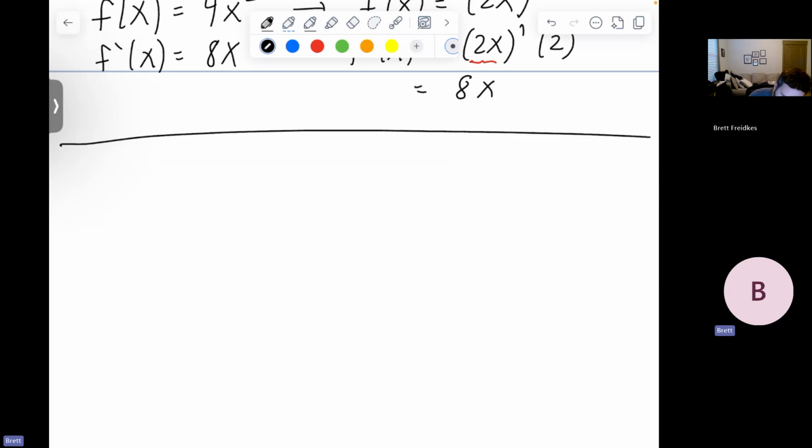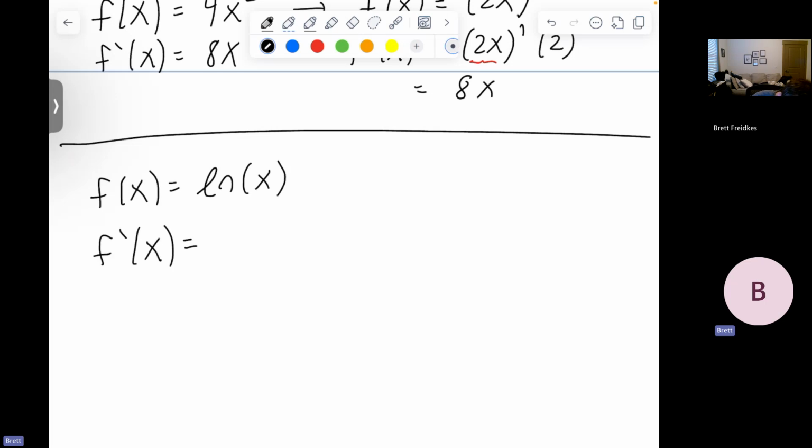Other important derivatives are natural log. So if I give you f of x is the natural log of x, the derivative of that is 1 over x. Again, multiplying by the derivative of the inside is 1.